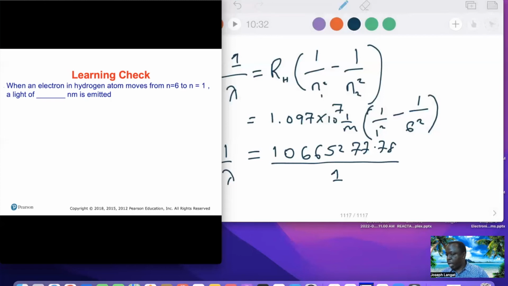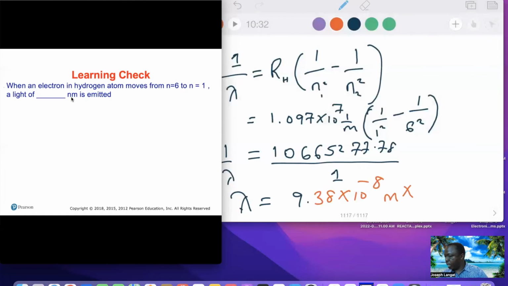If we flip that, that means lambda equals 9.38, sorry, 9.308 meters. But the question here is, we want to find it in nanometers.